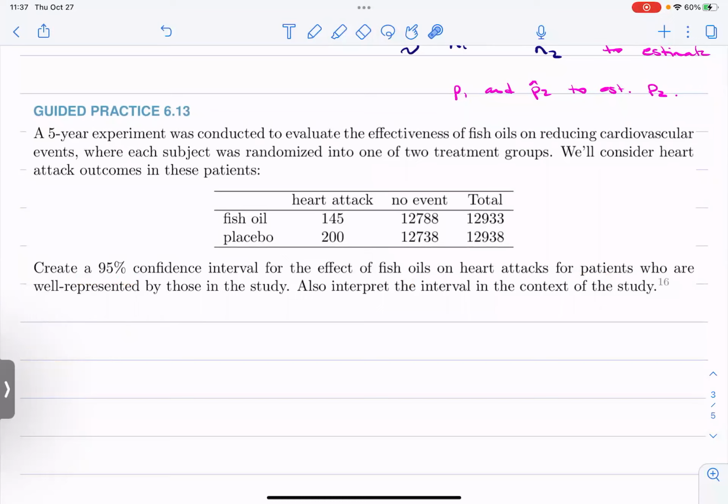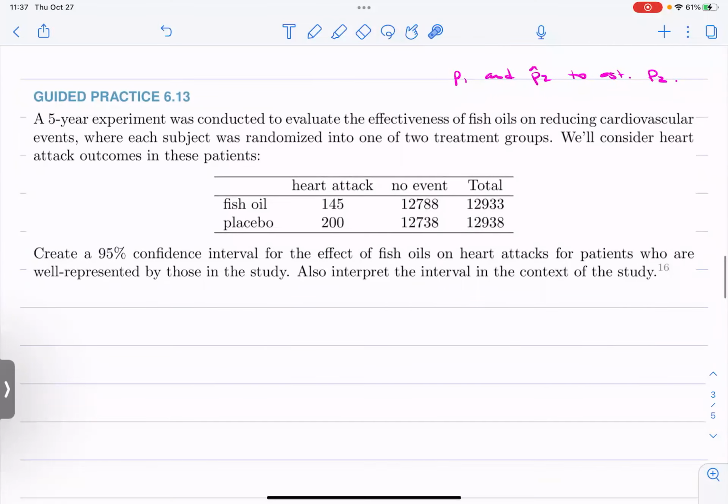You're going to have a very set number of demographics that you're going to reach in your study, so this study would only extend to that demographic. Okay, so that's important, but that's all they're saying here, who are well represented by those in the study. So it doesn't extend to everyone, it extends to that same demographic. We don't know what it is, so it doesn't matter.